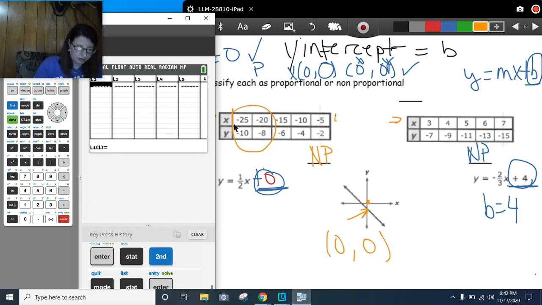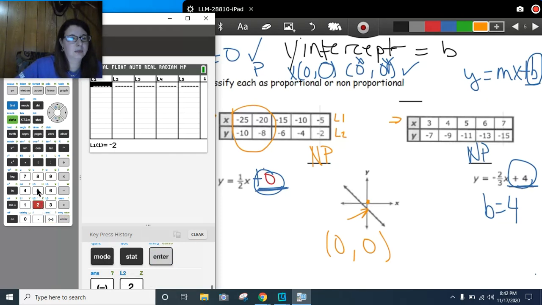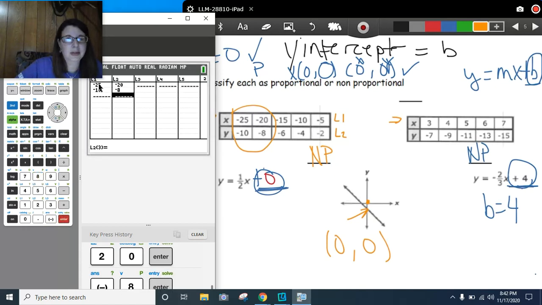My x's are L1 and my y's are L2. So it's -25 and -10. Then I'm going to move over to enter my y's that correspond with those x's, which is -20 and -8.